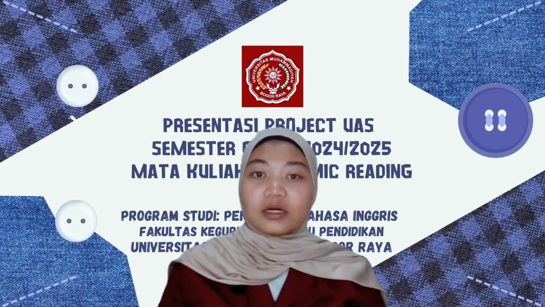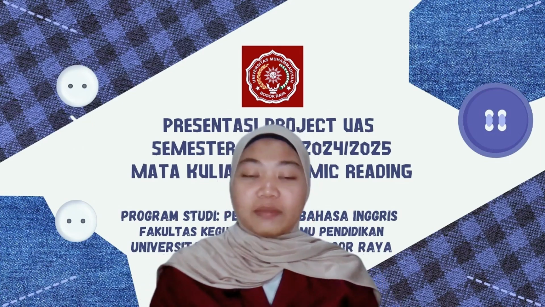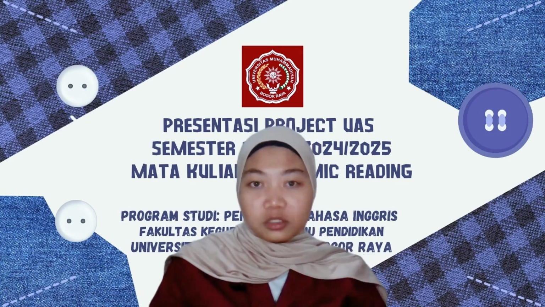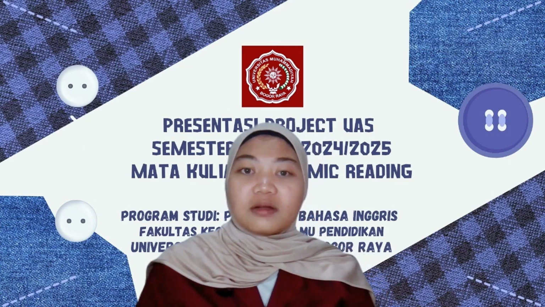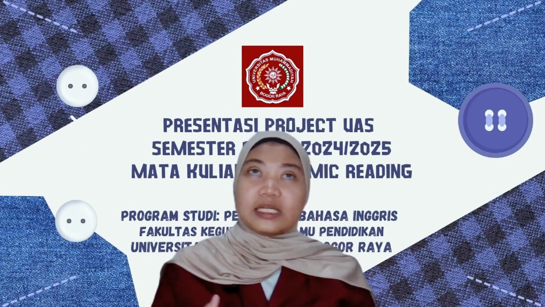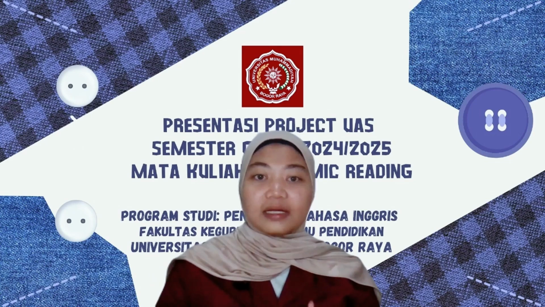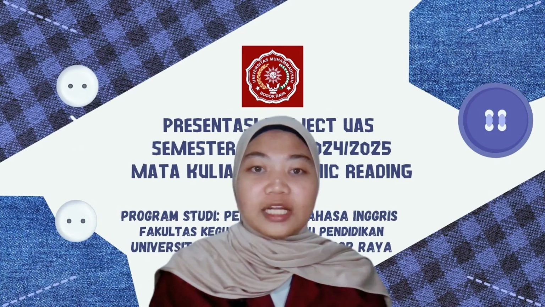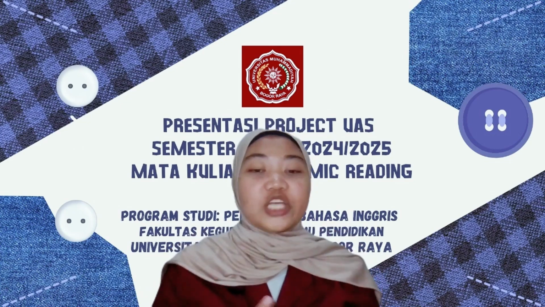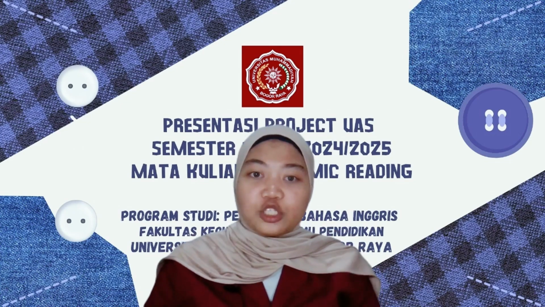These tools were used to classify word families so that learners can study not just individual words, but also their related forms. And the second, Cambridge Dictionary, provided precise definitions and word class information like noun, verb, adjective, and so on.